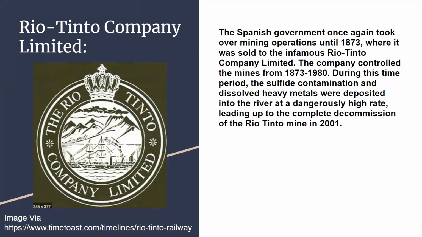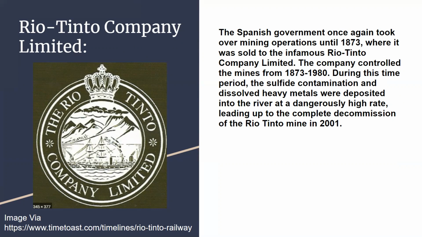And this is where the Rio Tinto Company Limited was founded. They are still a company to this day, but this is their original logo. The Spanish government once again took over the mines in 1873, where it was sold to the infamous Rio Tinto Company Limited.